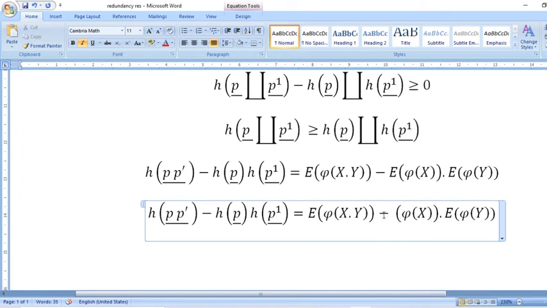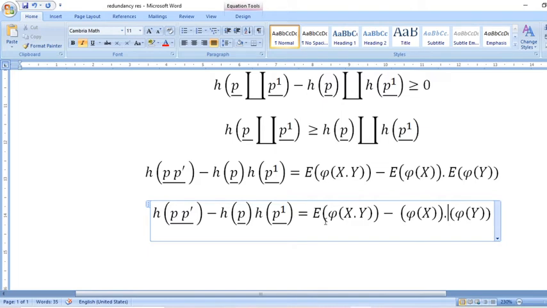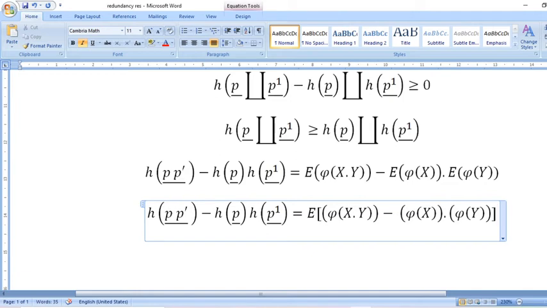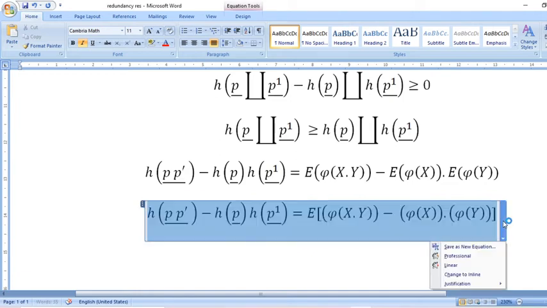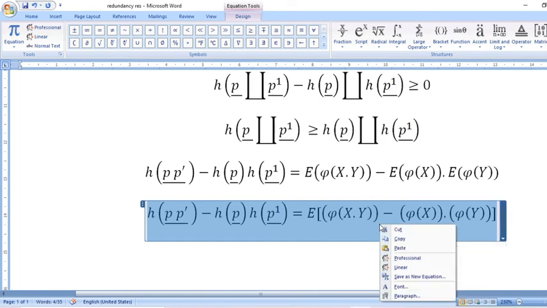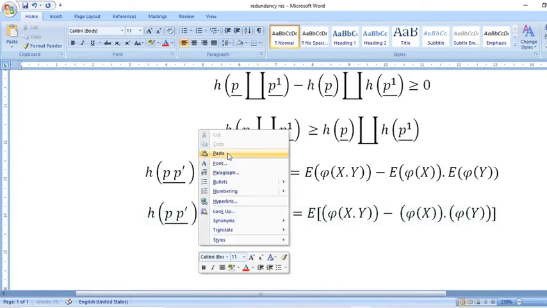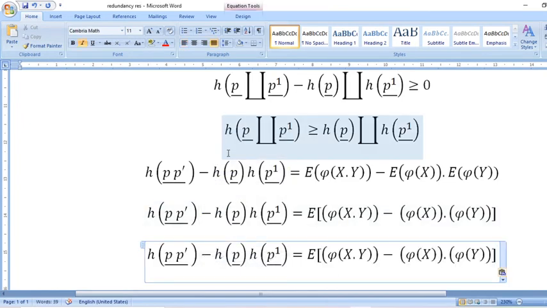You can remove this term. This term also. Just take a simple bracket for these two functions. So similarly, we have in the first chapter a result, that is phi of x into y less than or equal to phi of x into phi of y.